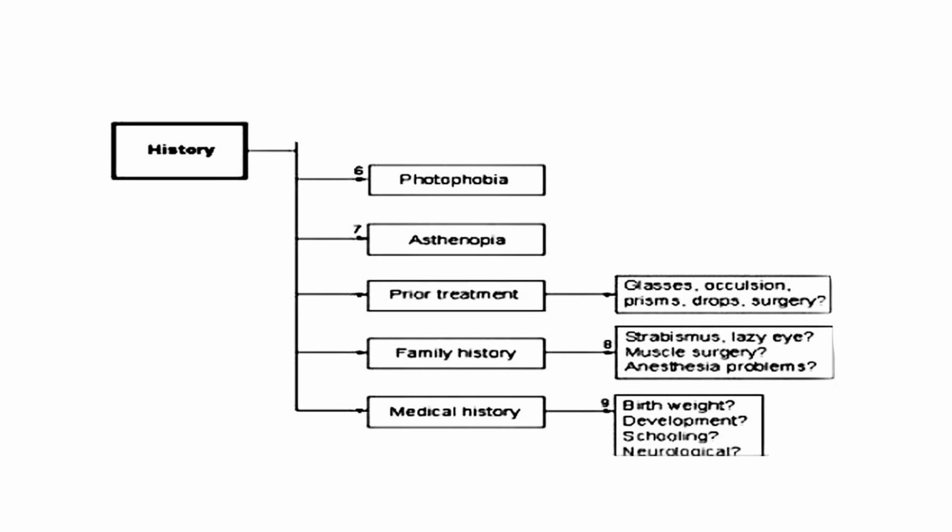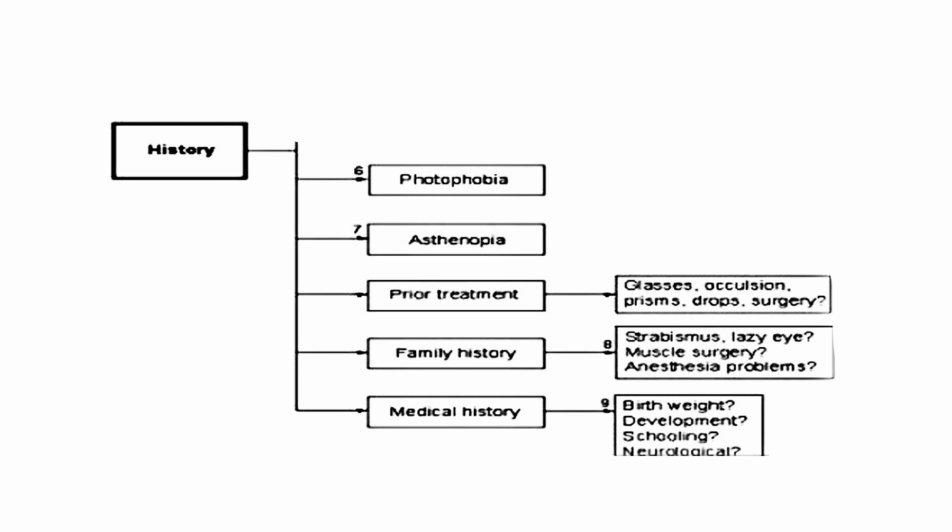to strabismus. Family history is very important again, because strabismus or squint runs in families, and so does lazy eye or amblyopia. So in the family we have to ask about strabismus and lazy eye or amblyopia.